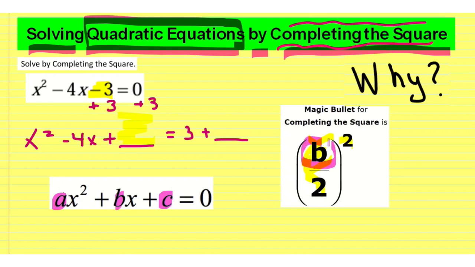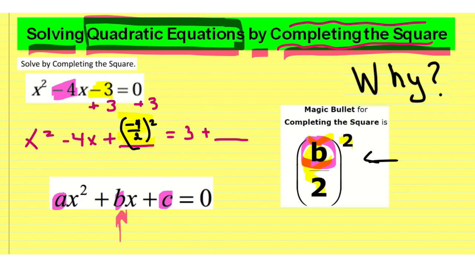So I want to look for the b. The b is in front of the x term, and in my original quadratic, the number is a negative 4. So that's what's going to go in my magic bullet. It's going to be negative 4 over 2 squared.